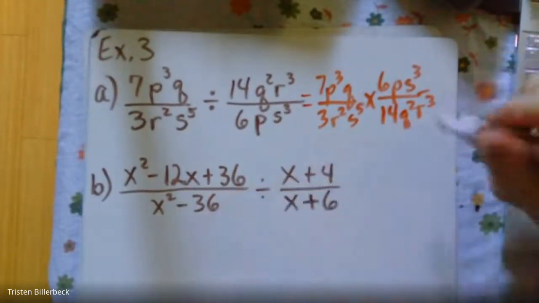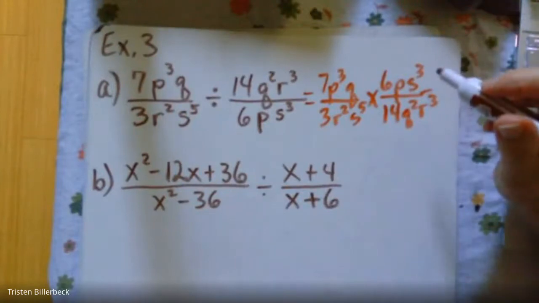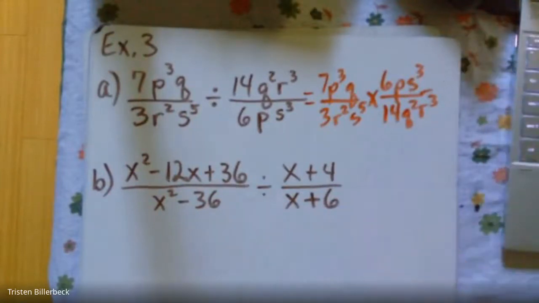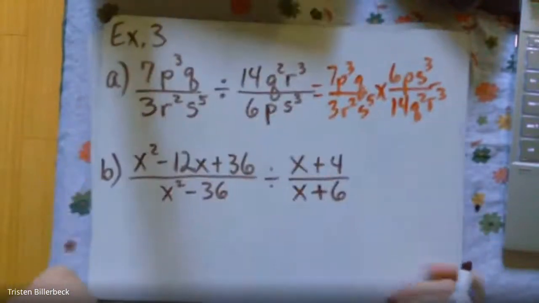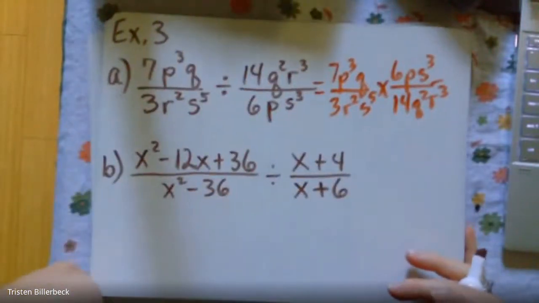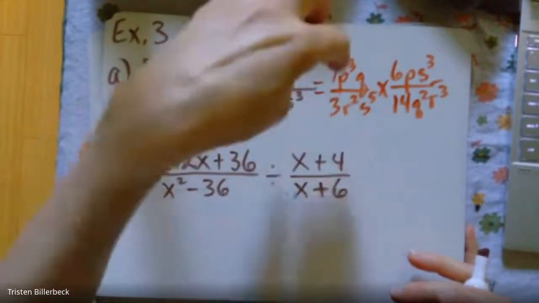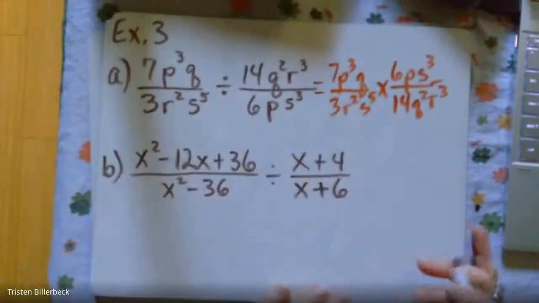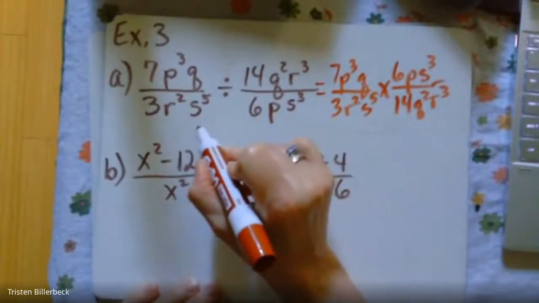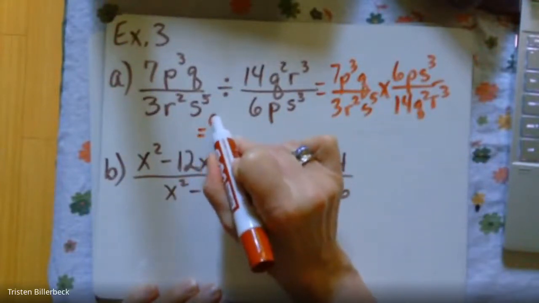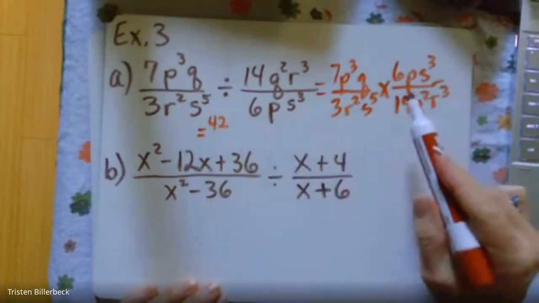Well, we have to consolidate a bit. So let's try this a different way than how I've been doing it. Let's multiply 7 times 6. That's 42. I'm going to move over here. So I have 42, because that's 7 times 6.